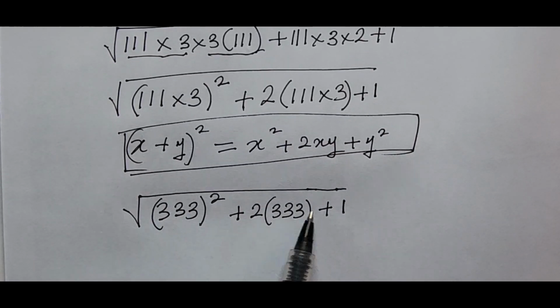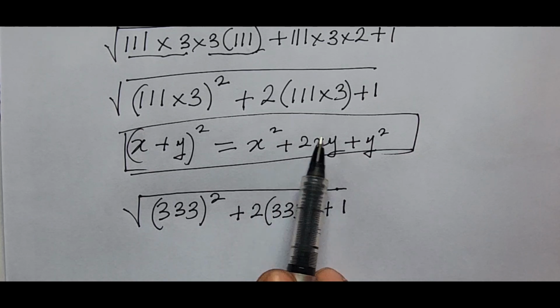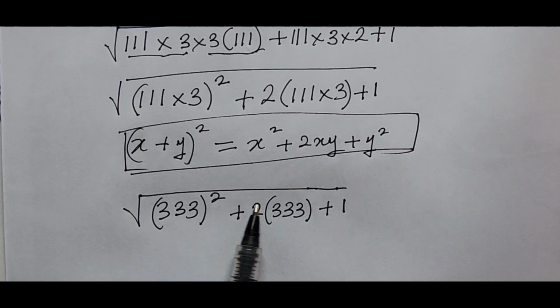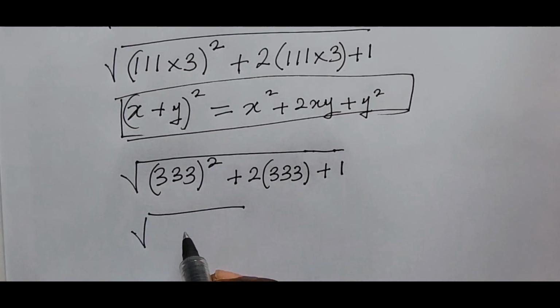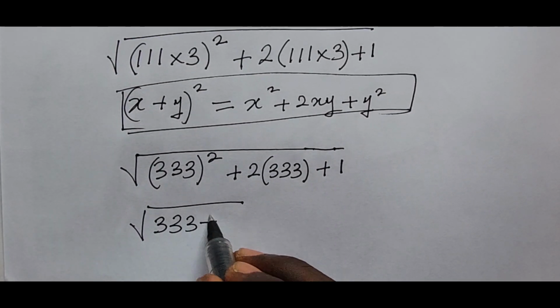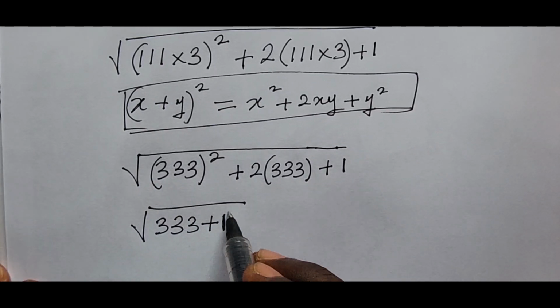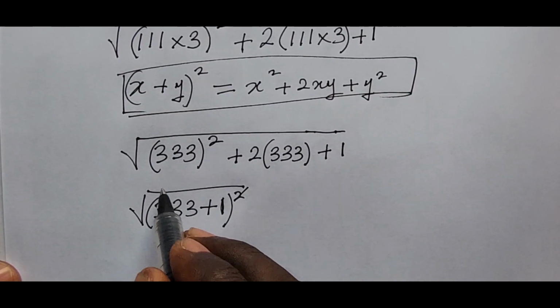So this expression can be expressed in this form, because the way it is here now is what we have here now. So expressing this in this format will automatically give us the square root of our 333 plus 1 all raised to power 2. So what happened? This and this.